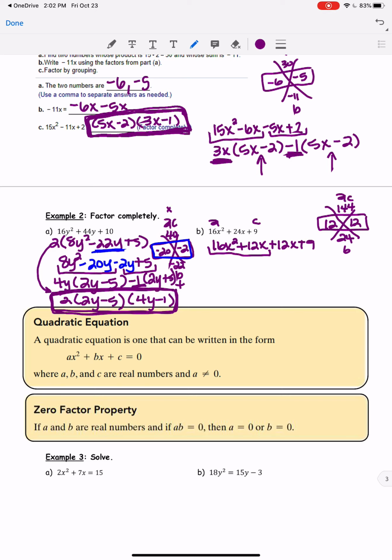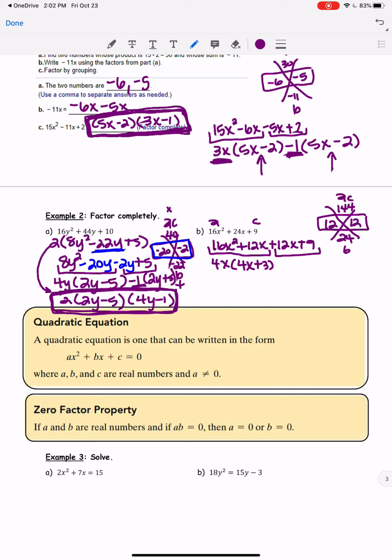Group them and factor. What can I take out of 16 and 12? That's going to be a 4. And I can also take out an x. 16 divided by 4 is 4. X divided by x is x. 12 divided by 4 is 3. Those x's cancel.